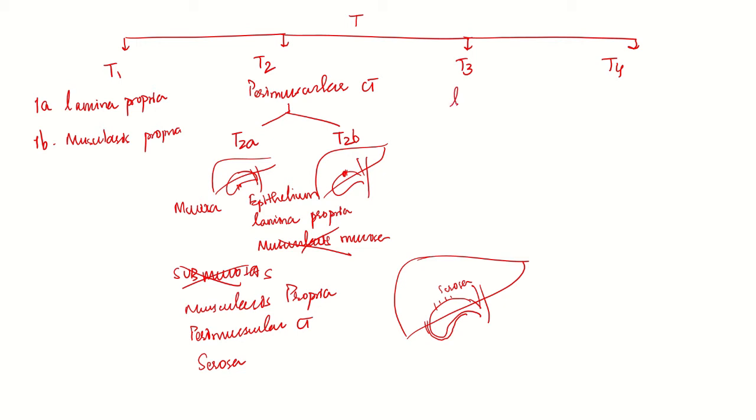T3 is invasion into liver or a single adjacent organ. As we can see here, once it has invaded the perimuscular connective tissue, the next will be going into the adjacent organs, or with perforation of serosa into the adjacent organs.